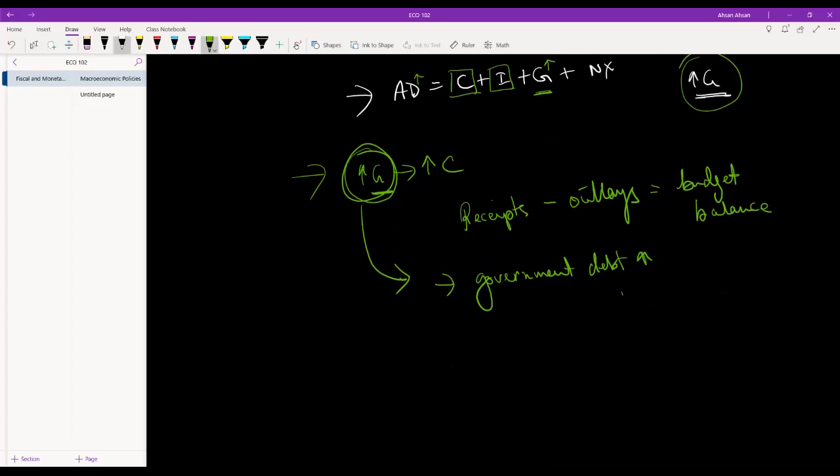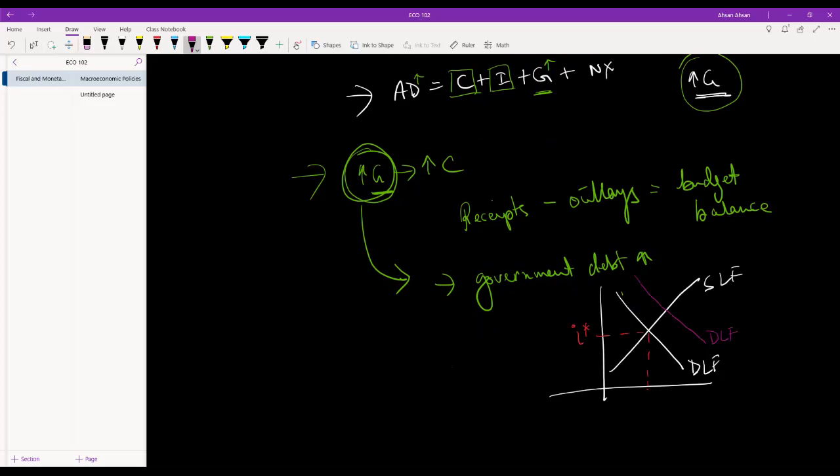Let me just draw it actually. So here we have demand for loanable funds, we have supply for loanable funds, and we have an equilibrium, and this is the interest rate in the economy. Now, if the government wants more debts, that means that demand for loanable funds is going up in the economy.